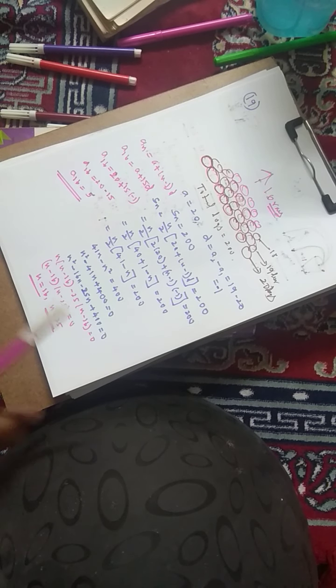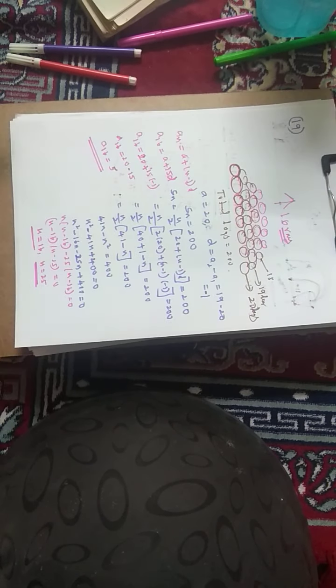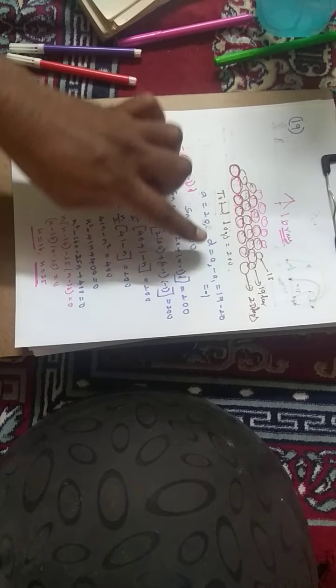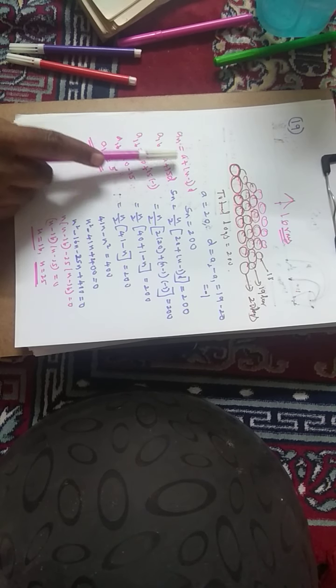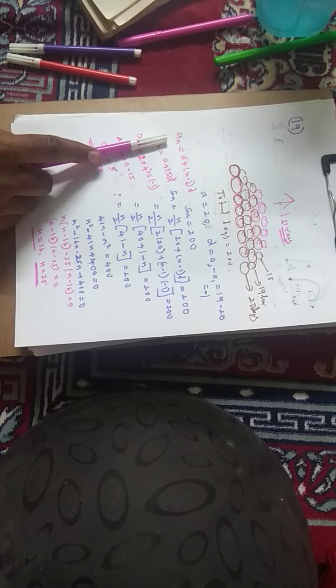I think you understood this concept. First, what I did, a is equal to 20, all these things you understood. First I find the number of rows in that question. So I got n is equal to 16 and 25. If you take n is equal to 25, the top row will give a negative answer, so I take n is equal to 16. So there are 16 rows. an is equal to a plus (n minus 1)d. Why did I find the an value?